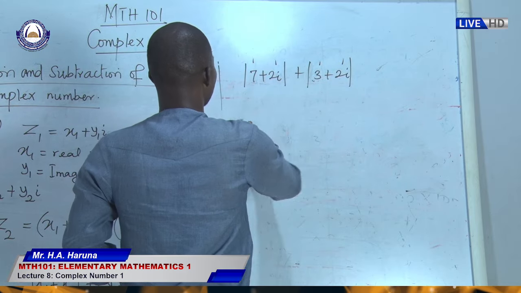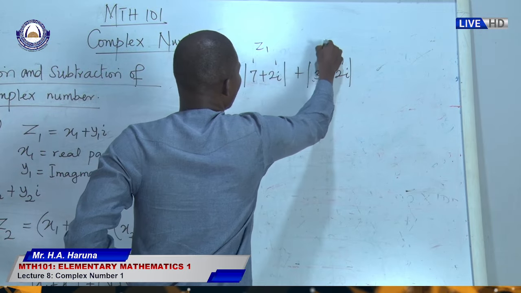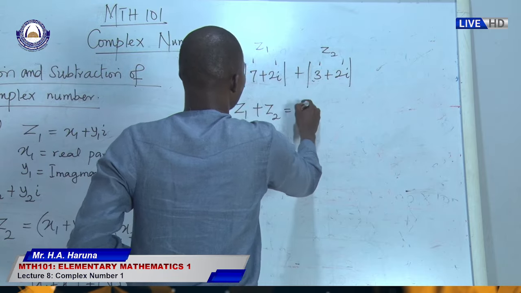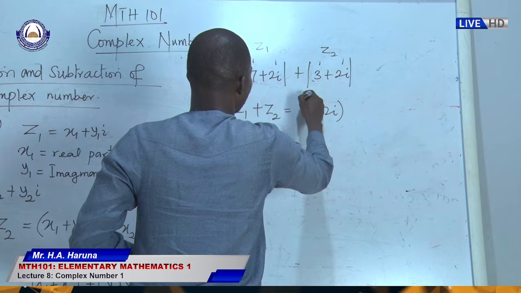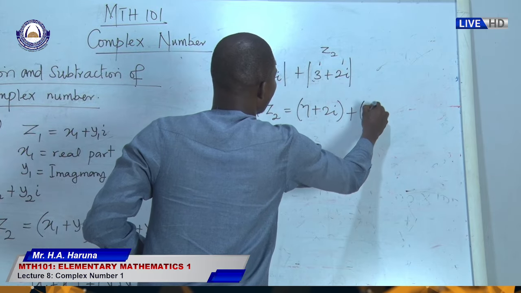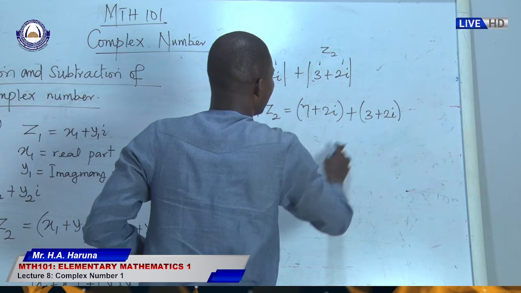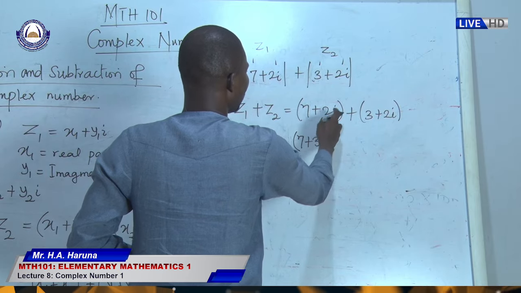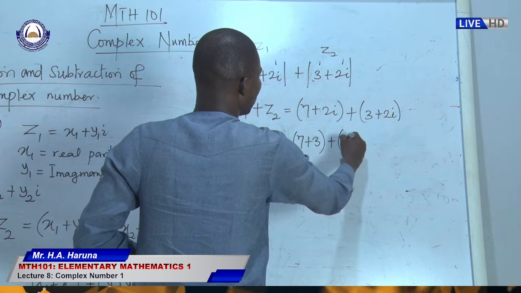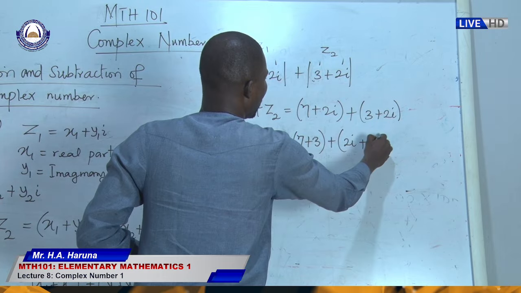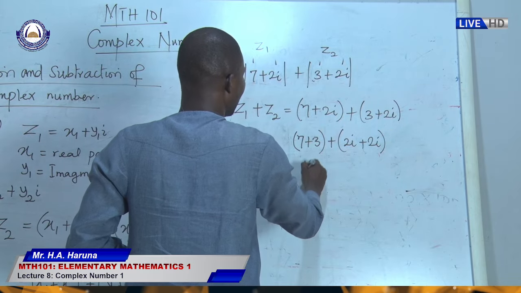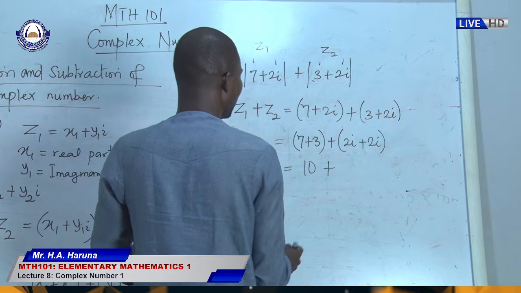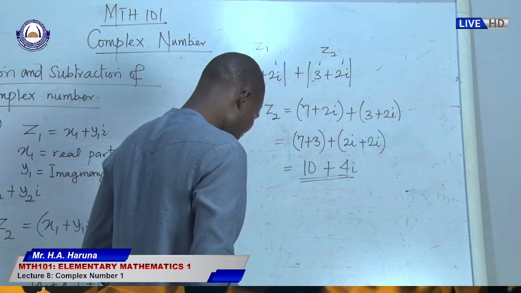So you can call this Z1 and this Z2. Having Z1 plus Z2, you have 7 plus 2i, plus 3 plus 2i. The real part goes to the real part, so 7 plus 3 together, then 2i plus 2i goes together. So 7 plus 3 is 10. 2i plus 2i, what does that give you? 4i.